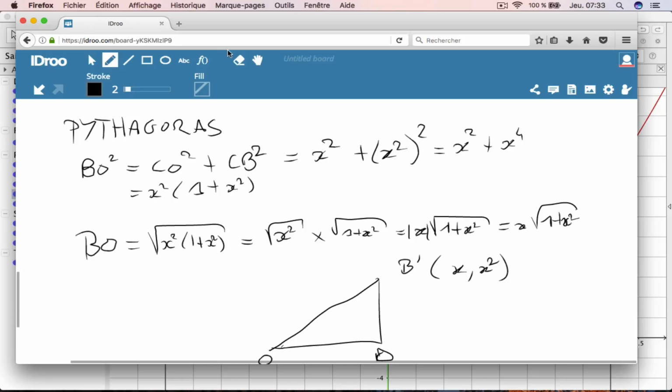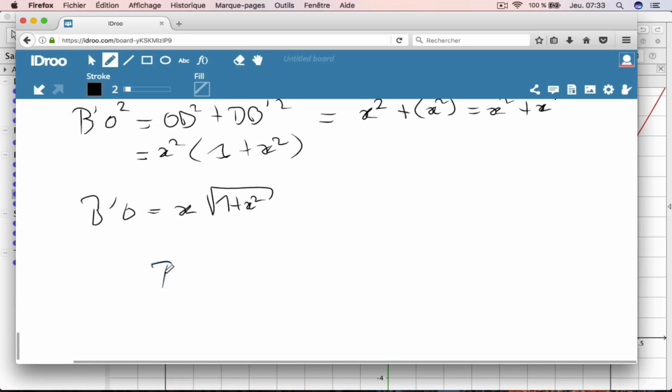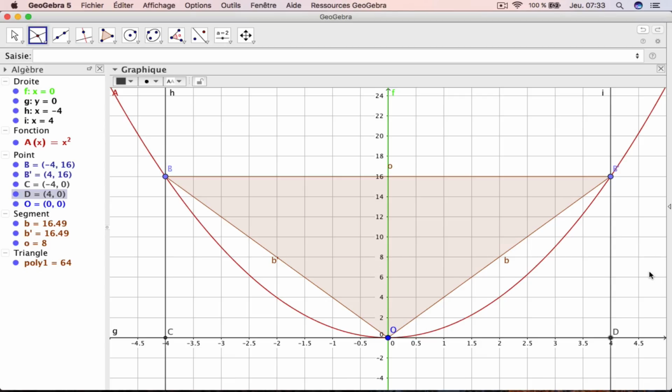We've got the same length, BO equals B prime O. That means BOB prime is isosceles. So it's an isosceles triangle.